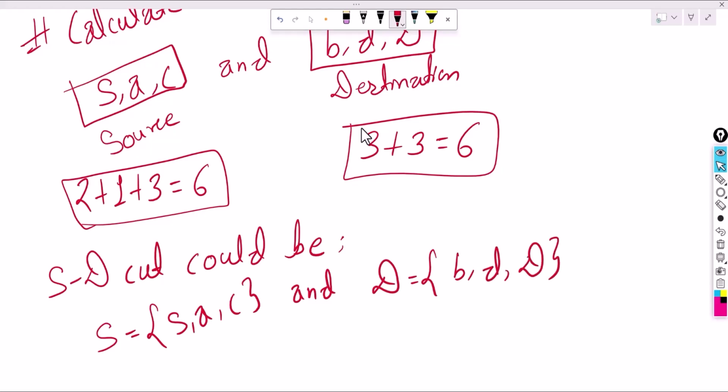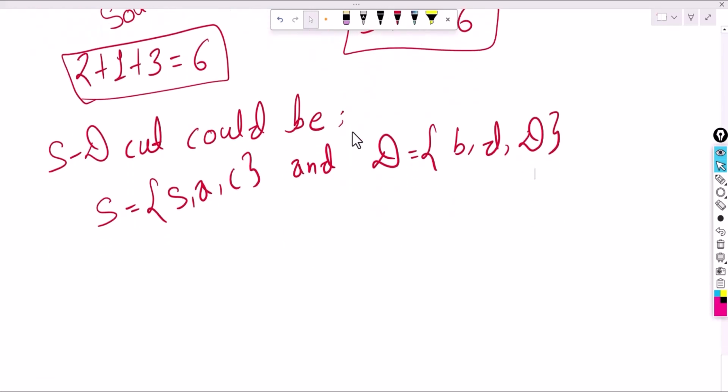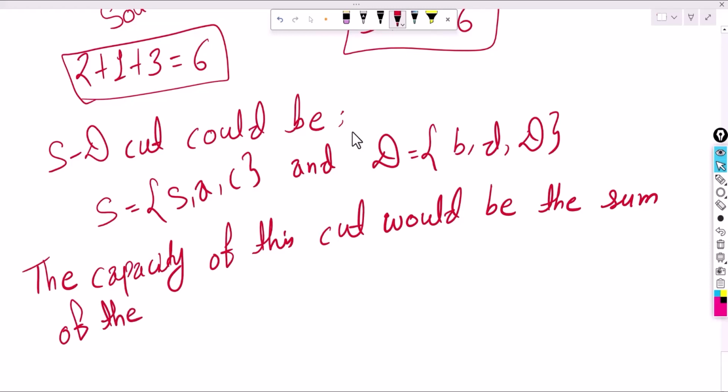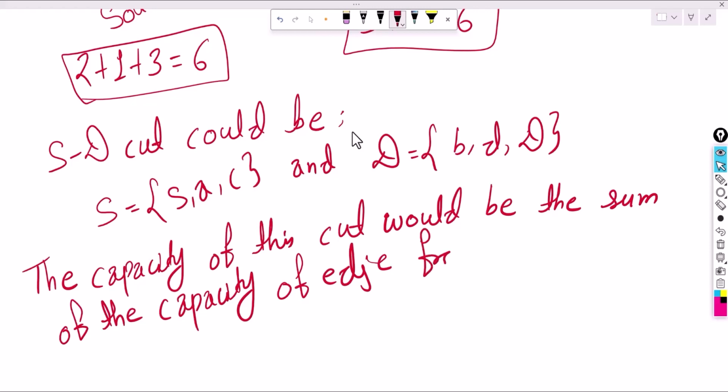And finally you also need to write theoretically that the capacity of this cut would be the sum of the capacity of edges from S to D, that is 2 plus 1 plus 3 equals 6.